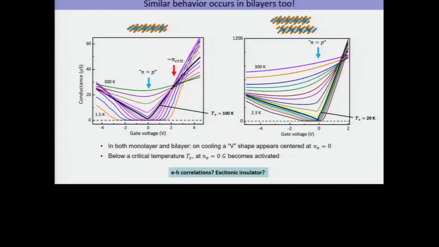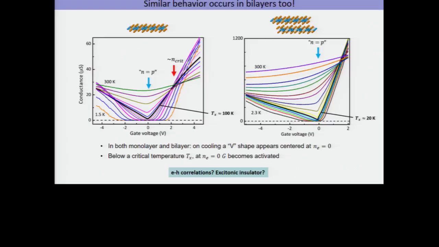As you cool, this very sharp V shape appears centered on the neutrality point, n equals p, when there's no net doping. At a certain critical temperature, which in the bilayer is 20 Kelvin, the bottom of the V goes to zero conductance, and below that it's activated. So we have similar behavior, but with a critical temperature 5 times lower in the bilayer.